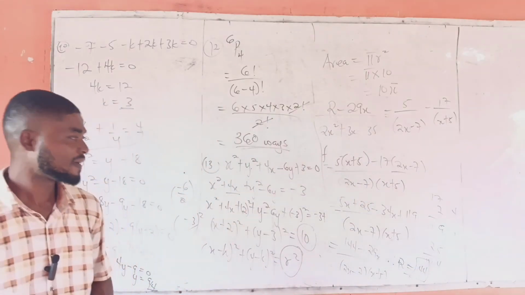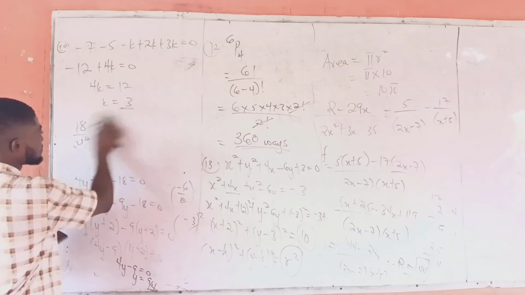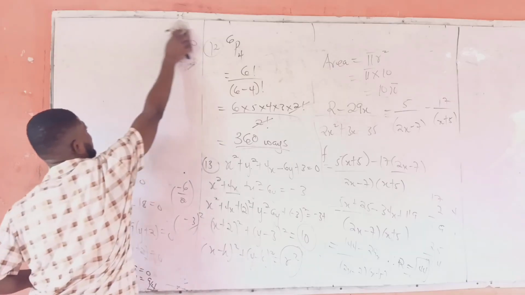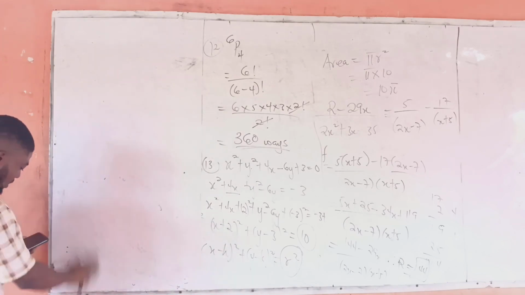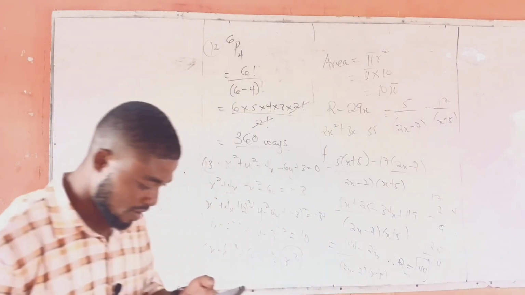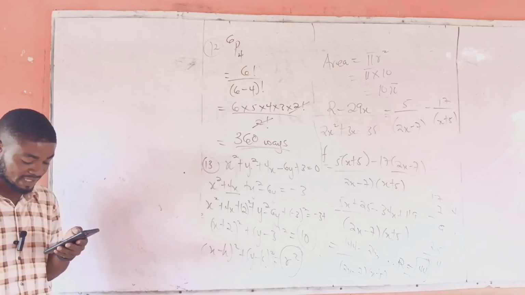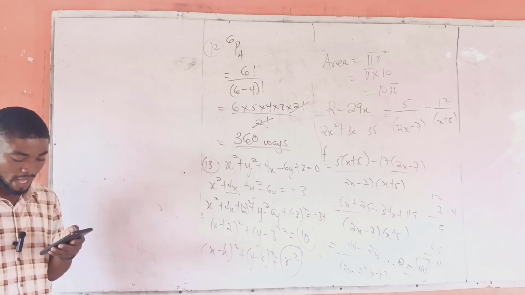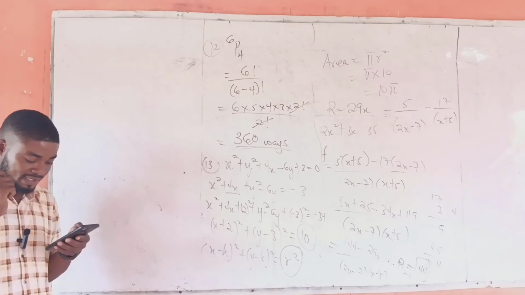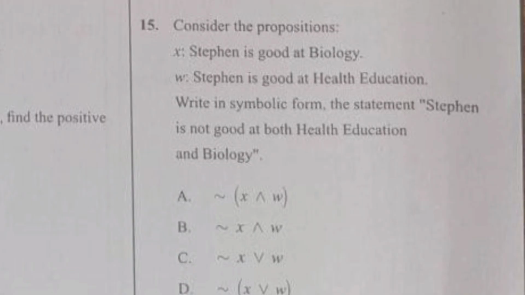Now finally, we go to the last question of this particular recording session. It says to consider the propositions. X is such that Stephen is good at biology. W is such that Stephen is good at health education. Write in symbolic form the statement: Stephen is not good at both health and education.